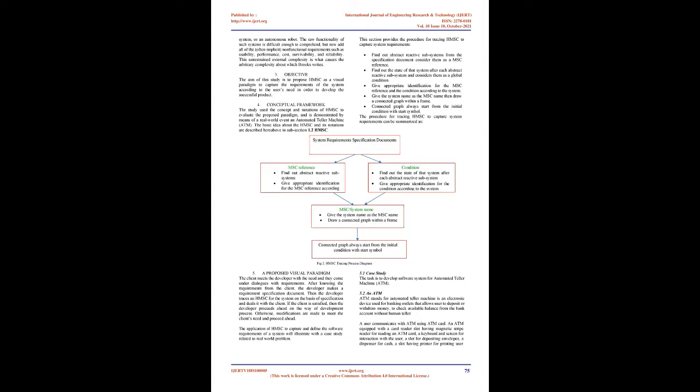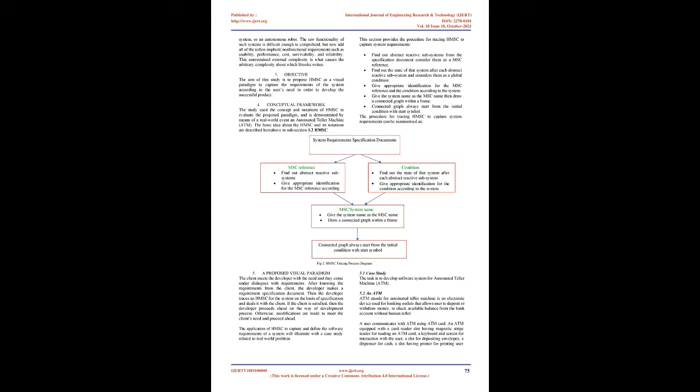The procedure for tracing HMSC to capture system requirements can be summarized as follows. System requirements specification documents. MSC reference: find out abstract reactive subsystems, and give appropriate identification for the MSC reference. Condition: find out the state of the system after each abstract reactive subsystem, and give appropriate identification for the condition according to the system.